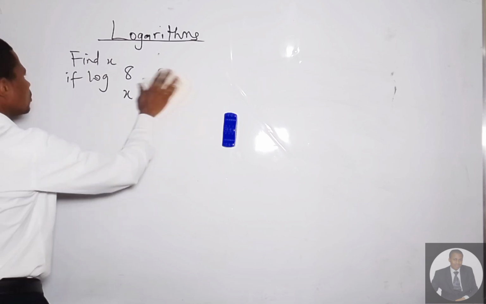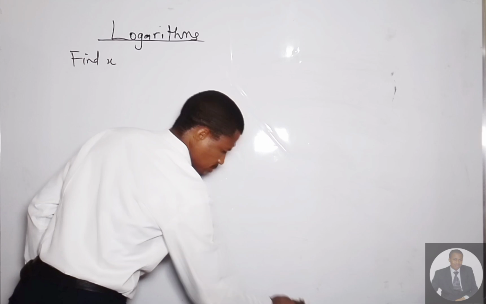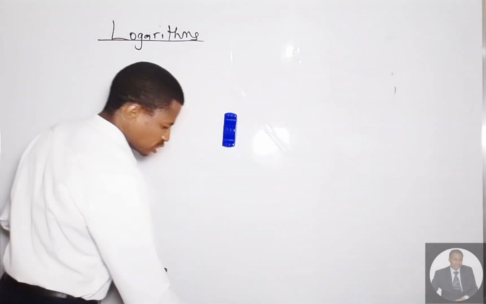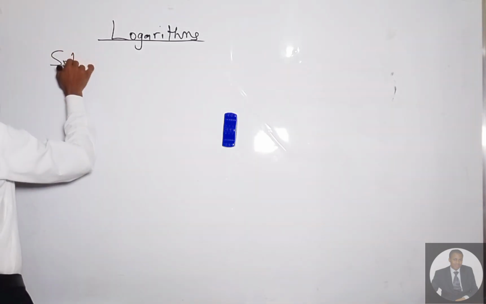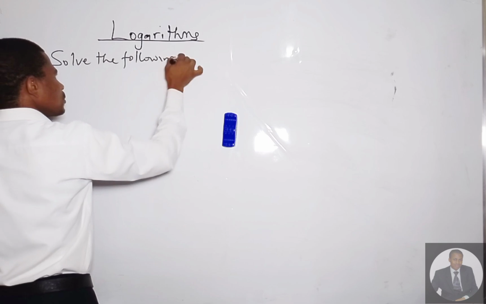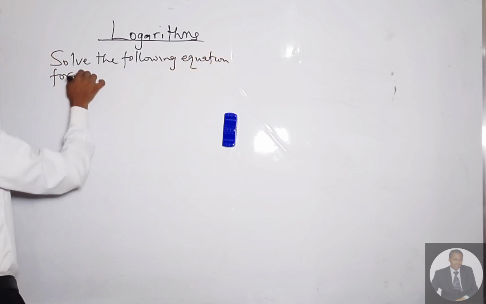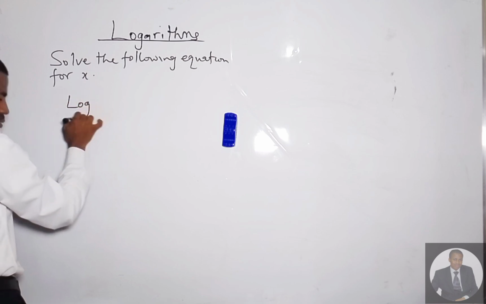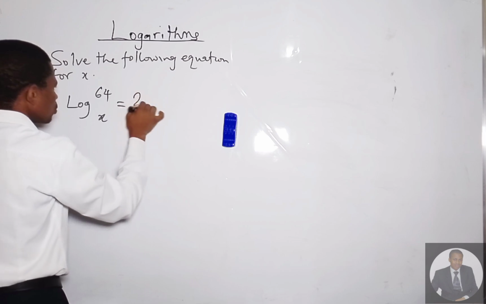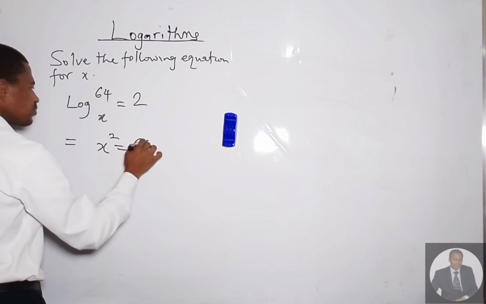Another question. Solve the following equation for x. We have log 64 to the base of x is equal to 2. So what this simply means is x to the power of 2 equals 64.